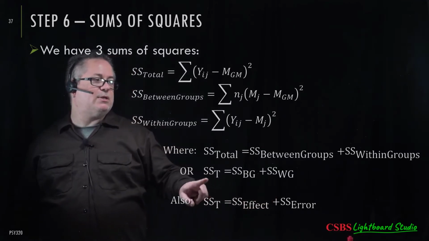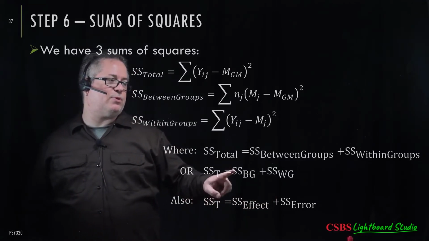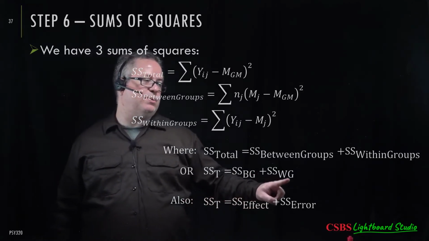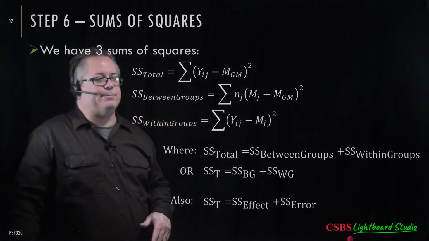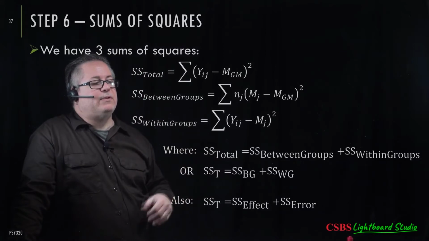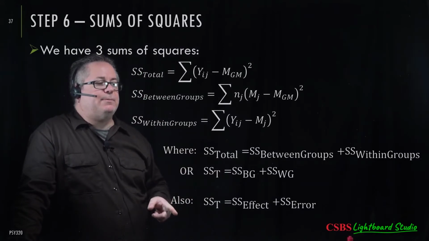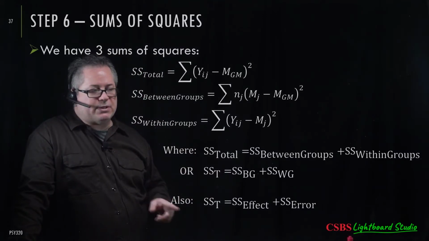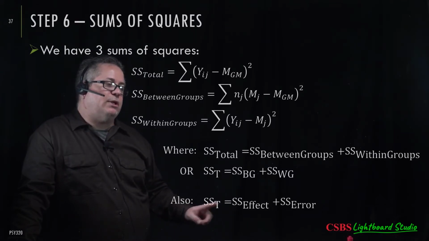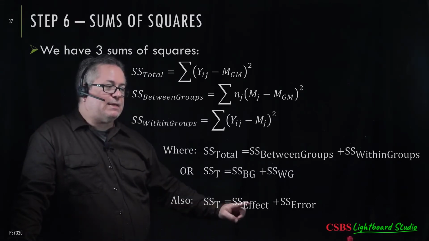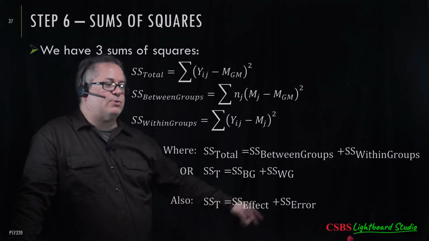I'll say it again. Sum of squares T equals sum of squares BG plus sum of squares WG. And just for the sake of completeness, you may also see in other places these referred to as sum of squares T for total still equals the sum of squares for the effect plus the sum of squares for error.